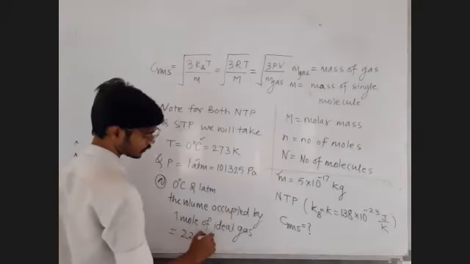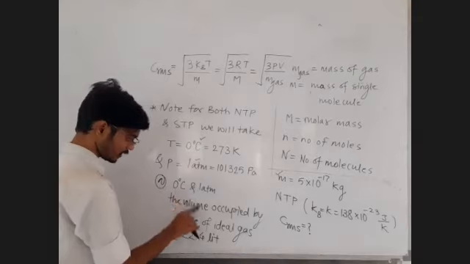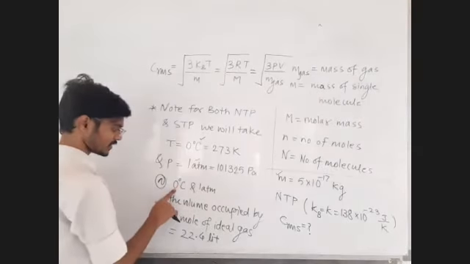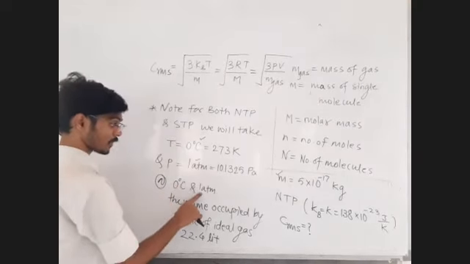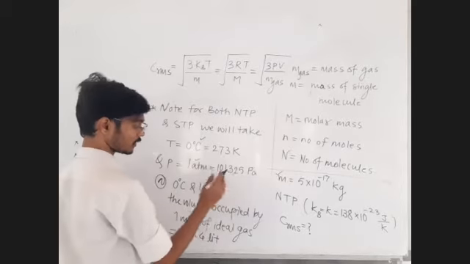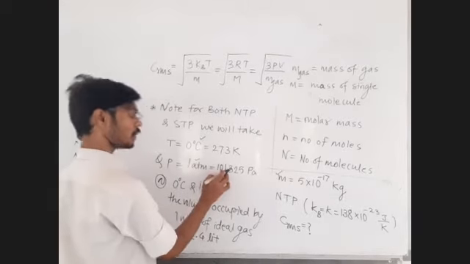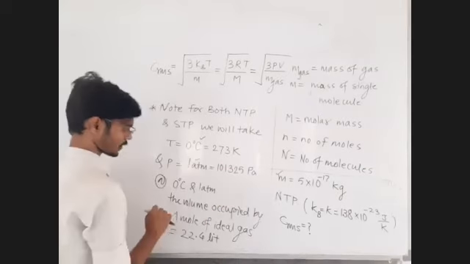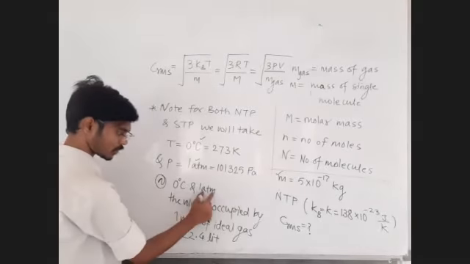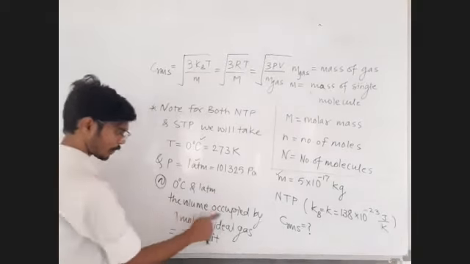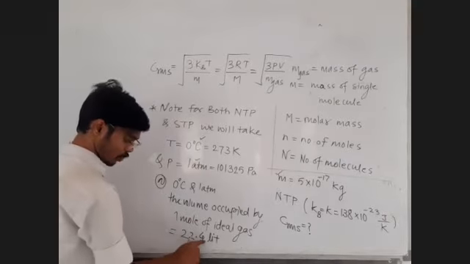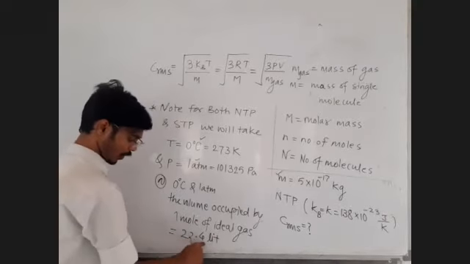22.4 liter. If you modify these conditions, 0 and 1 atm, if you make this 25 degrees Celsius and 1.01 into 10 raised to 5 Pascal, then the volume occupied by 1 mole also changes. It may become 22.7, it may become 22.5.